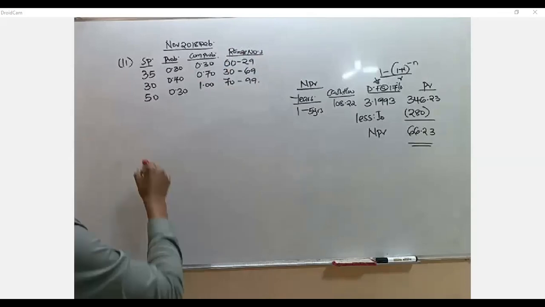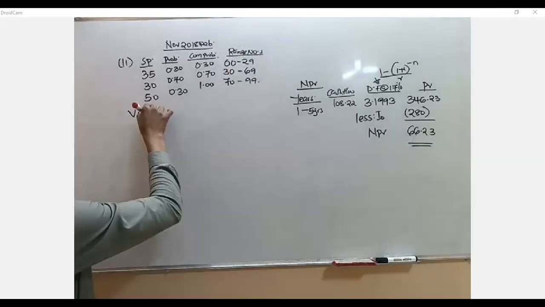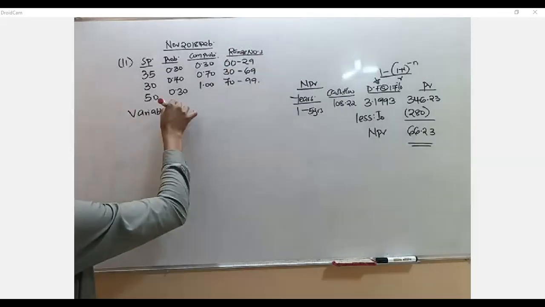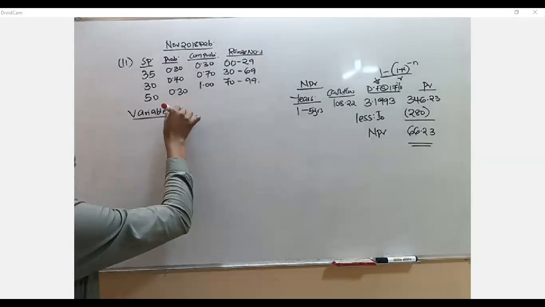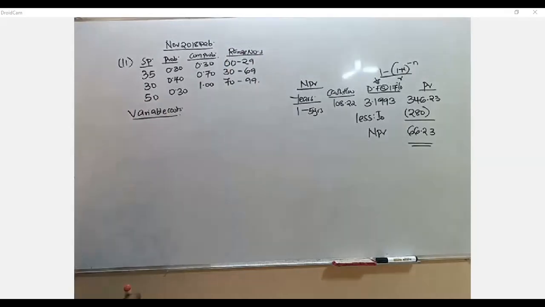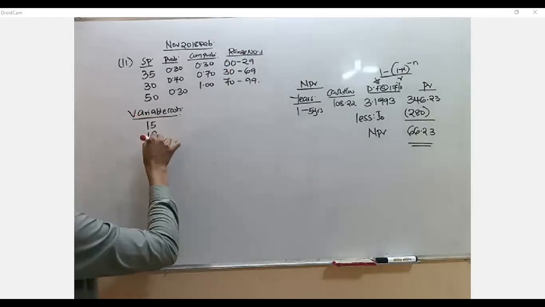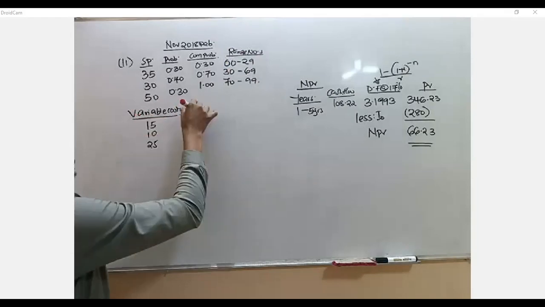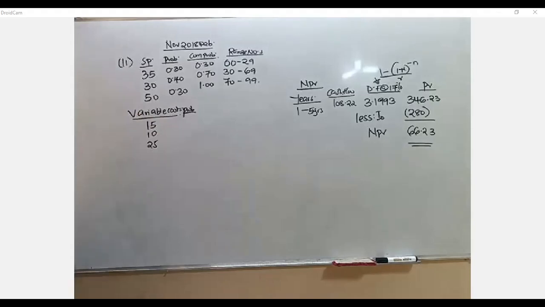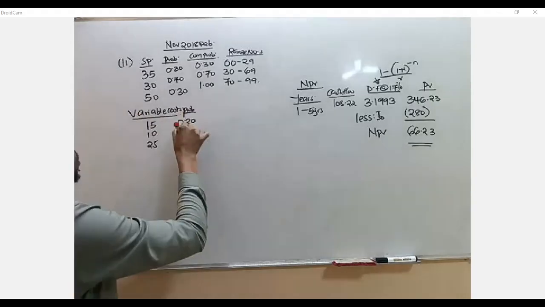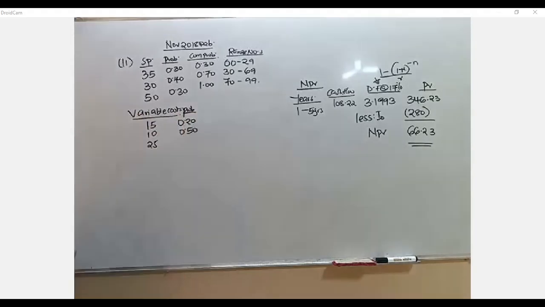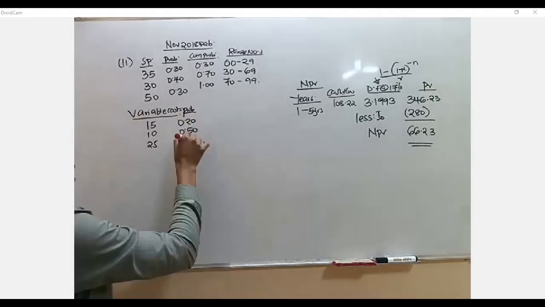Let us go to the other one. We talk about variable cost. The variable cost provided in the question, the examiner has given you 15, 10, 25. Probabilities attached, we have them. Already the examiner has given you 0.20, 0.50, and then we have 0.30.